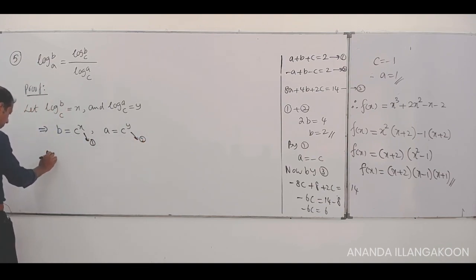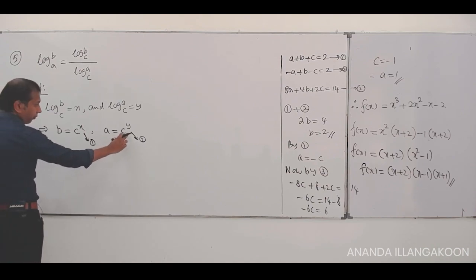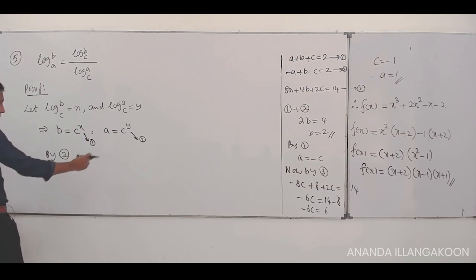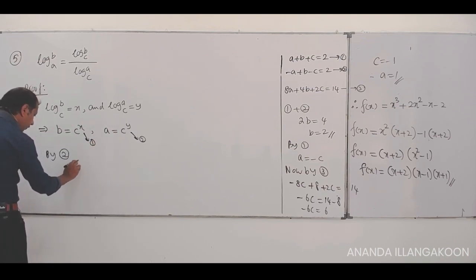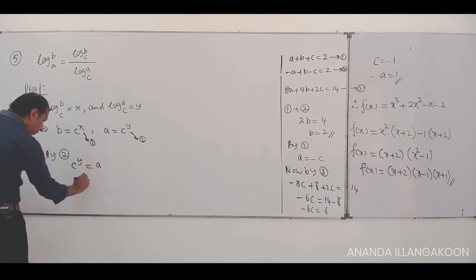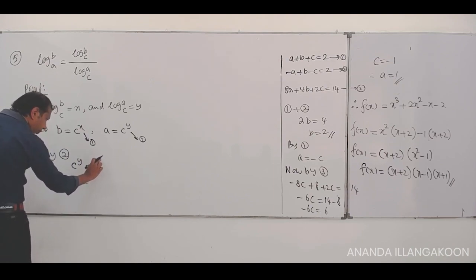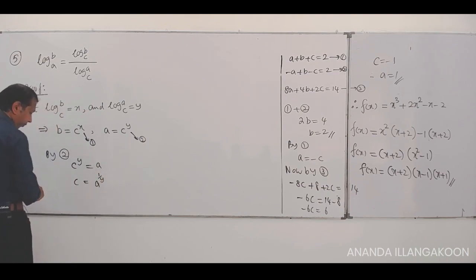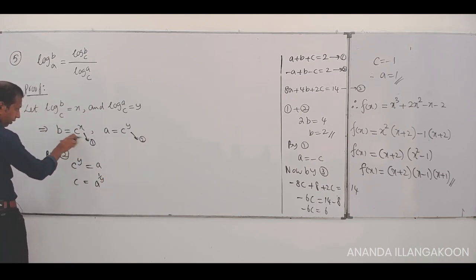By number 2, that means by this, we'll make c the subject. C to the power y is a. Then c is going to be a to the power 1 upon y. That c we substitute in number 1.